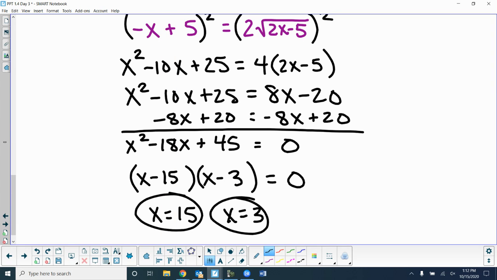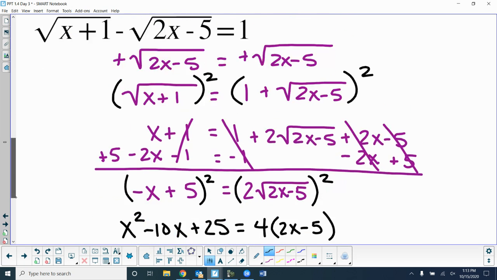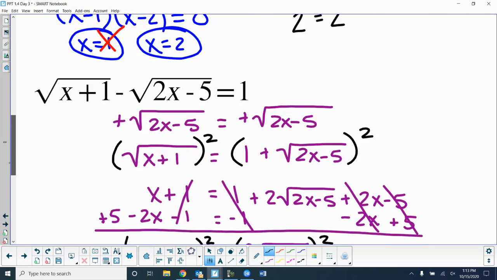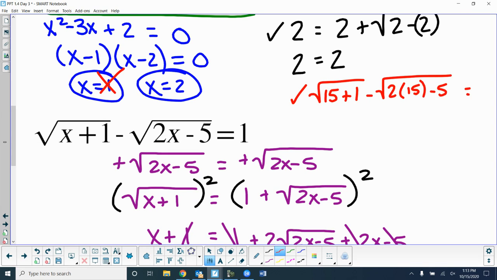All right, so for the check, remember it was 15 and 3, right? All right, so 15 plus 1, the first one, minus 2 times 15 minus 5 equals 1.